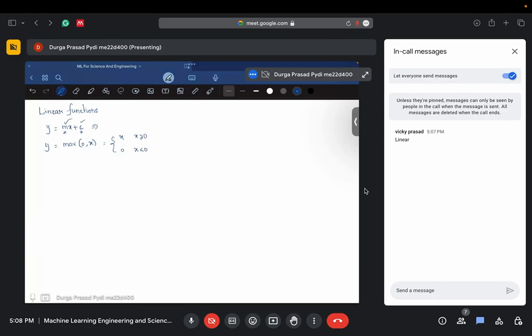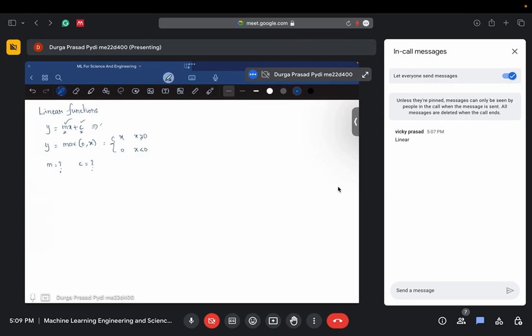If you have some finite values of m and c that can give you this particular form, then you consider that function to be linear. Could you come up with the value of m and c?